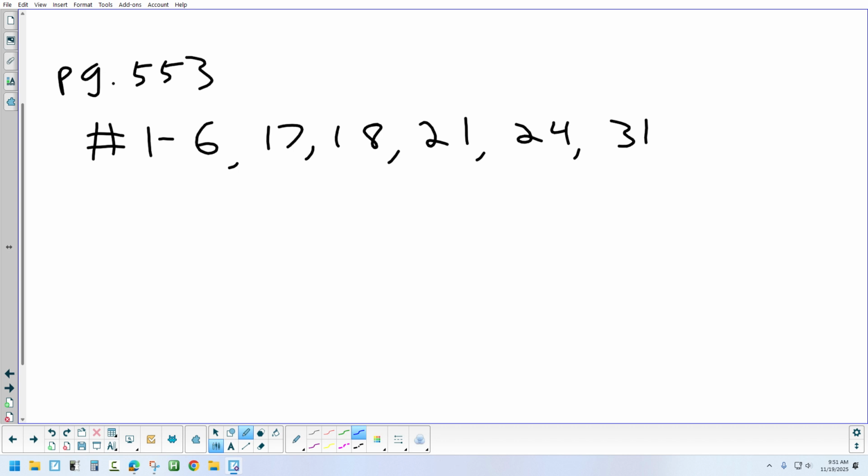And then I want to say maybe 21, 24, and 31. Those are word problems, and then a couple 3 variables. But they are not all 3 variable problems. Okay, so we'll look at that first thing tomorrow, and then whatever time we have left, you'll have time to do the review worksheet for the test.